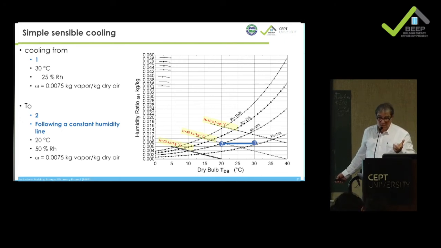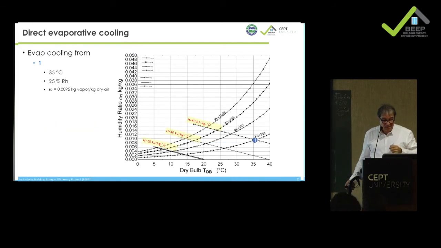Then one other process which is very interesting is evaporative cooling. Evaporative cooling is the desert cooler or passive downdraft evaporative cooling, or all kinds of systems which use an evaporative process to cool the air. So now we start, let's say, in a typical example at 35 degrees and 25% RH, relative humidity, which means we have about 9.5 grams of vapor per kg of dry air.